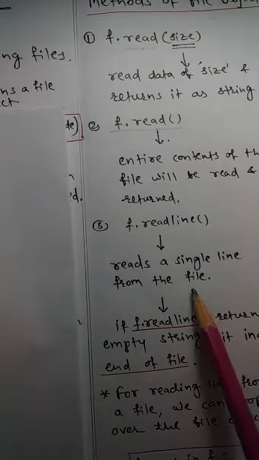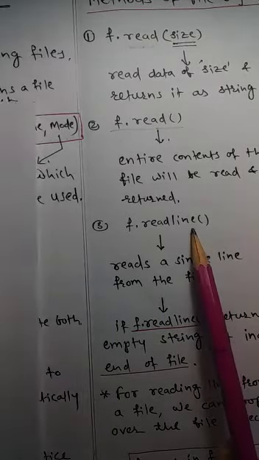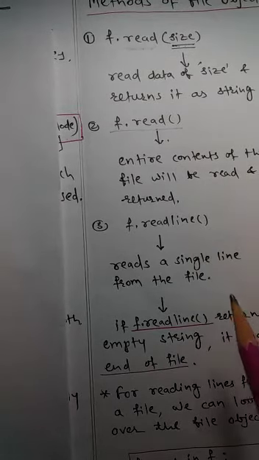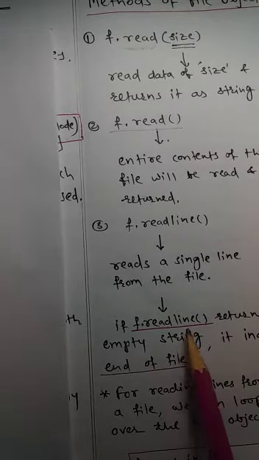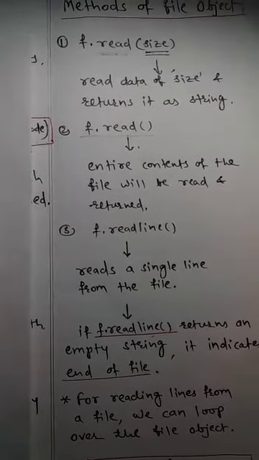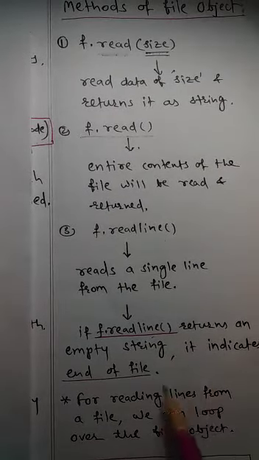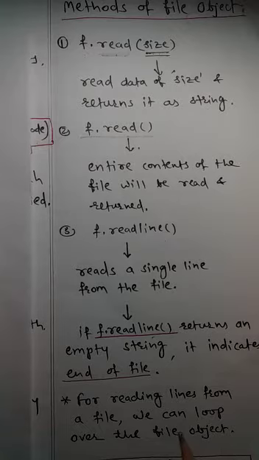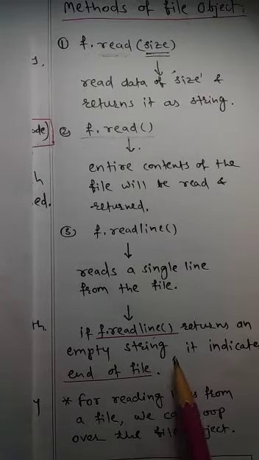This f dot readline indicates that from the file we are reading a single line at a time. Now if f dot readline returns an empty string, it indicates the end of file, because at the end of the file there will be no data, so it will result in an empty string. So an empty string means it has reached the end of the file.